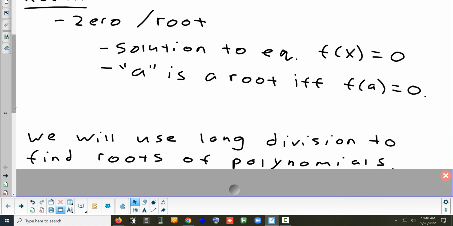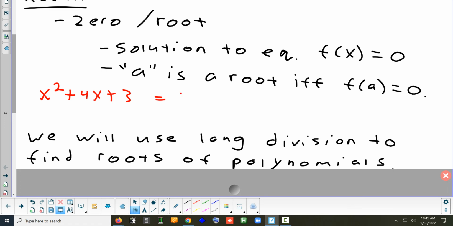So we're going to look at using long division to figure out factors or to find roots. We've learned before that if you can factor something, it makes it a lot easier to find the roots. So for example, if I gave you this and said quickly, tell me the two numbers you can plug in to get 0, you probably can't do it in under a half a second.